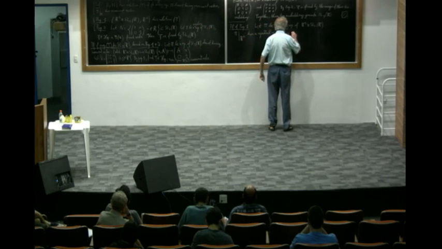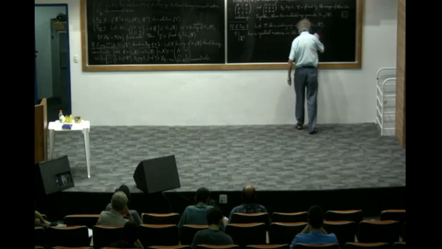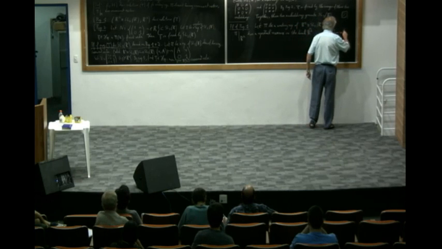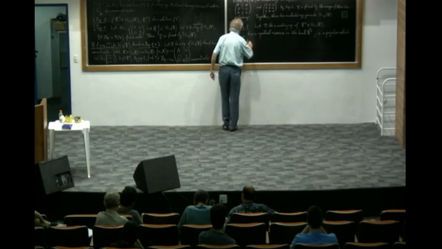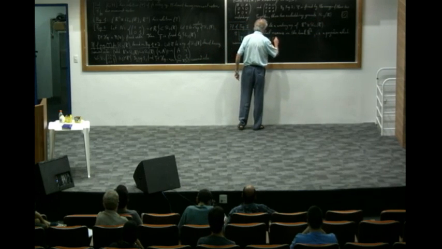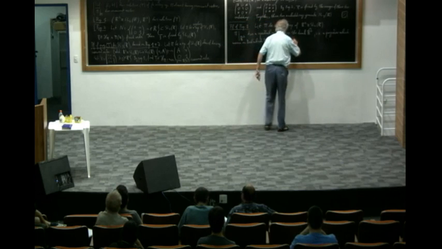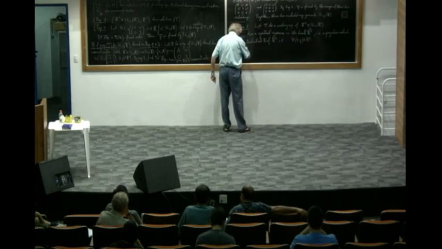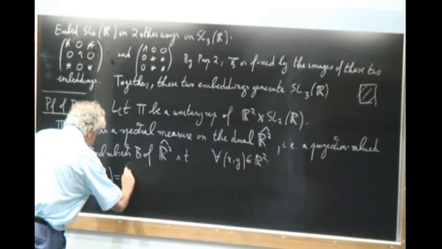So as a spectral measure on the dual R2 hat, that's a projection valued measure on Borel subsets B of R2 hat, such that when we take a group element xy in R2, we'll be able to write something like this.